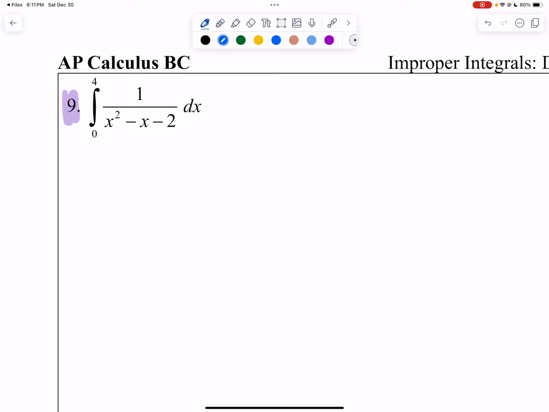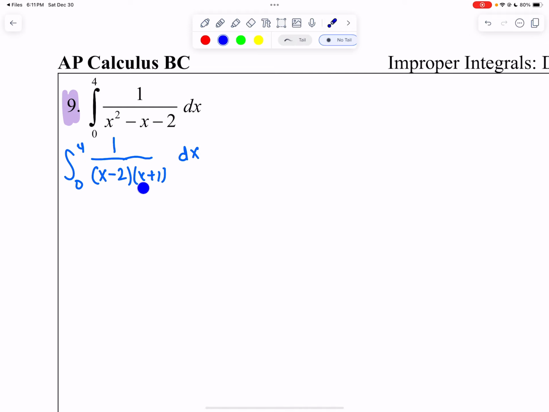I'm going to factor. So that is x minus 2 times x plus 1. I have the integral from 0 to 4 of 1 over x minus 2, x plus 1.